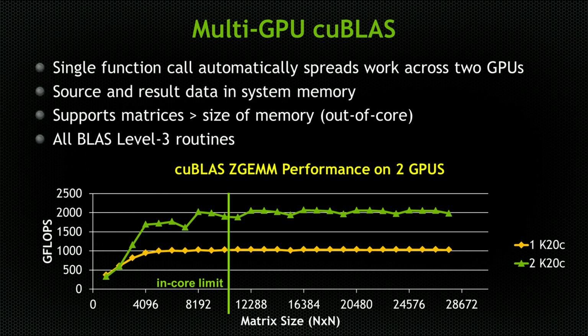Of course, the level 1 and level 2 routines tend to be bandwidth bound, so it doesn't make as much sense to try to scale those to multiple GPUs. The graph here shows 1 K20C on the bottom and 2 on the top, and of course you get about twice the performance on 2. And this line here shows the out-of-core or the in-core limit. So once we go past this line, the matrices are no longer fitting inside the memory of one GPU, and so it just continues to perform after that.